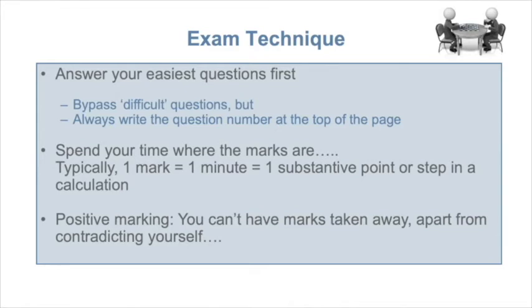For example, if you were describing the taxation features of an EIS, and you wrote down in your answer that they were exempt from CGT, and then somewhere else you got confused with an EIS and wrote down that they were exempt from CGT after 3 years, the examiner would give you the mark where they see the correct answer, CGT exempt, but if they saw something to contradict that, then that mark would be taken away.